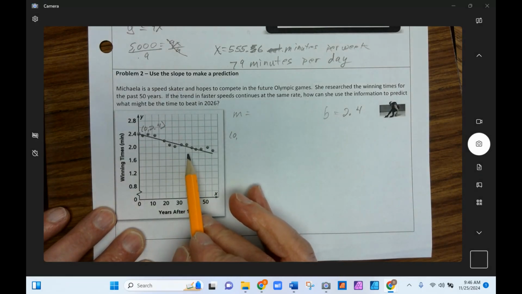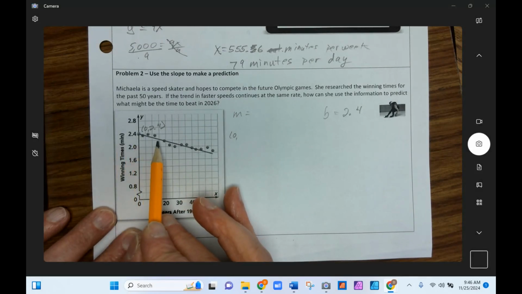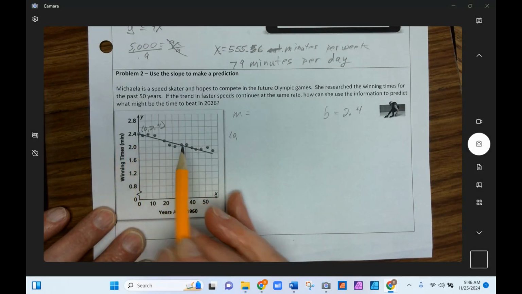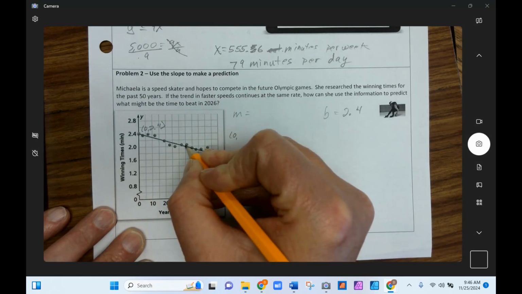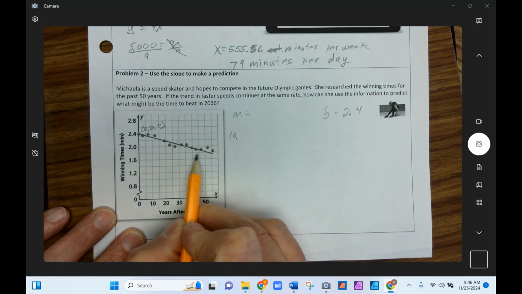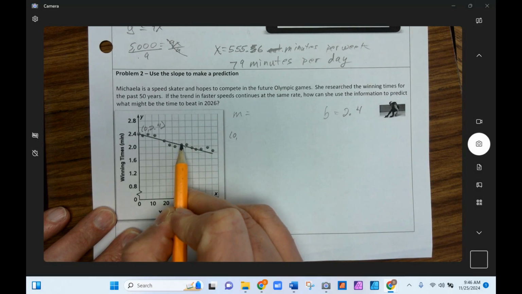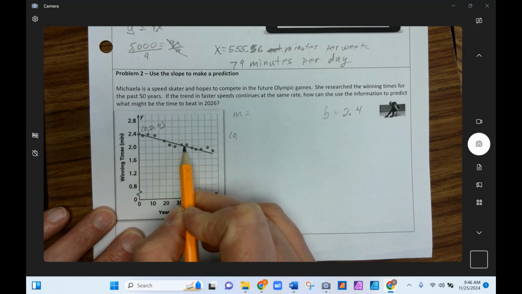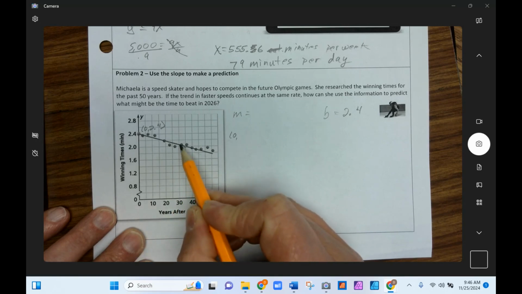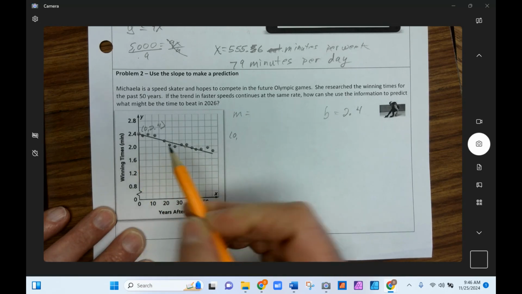And then, let's see here. Actually, right there. Okay. The line, let's see. Yeah, let's use this point right here. 30, and then 2.